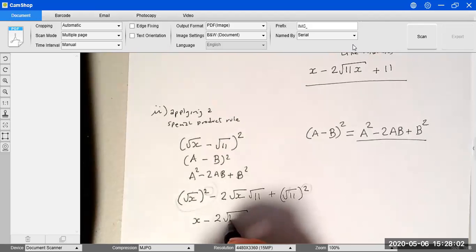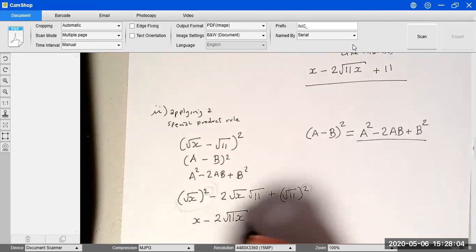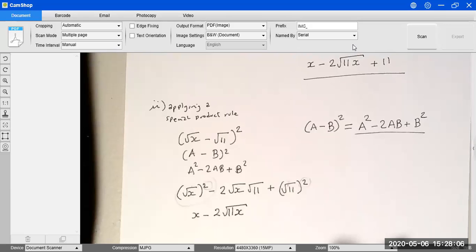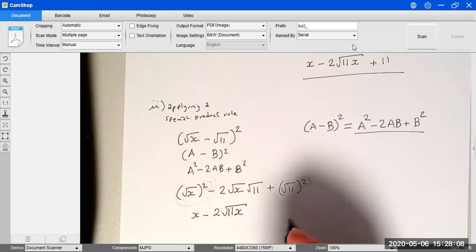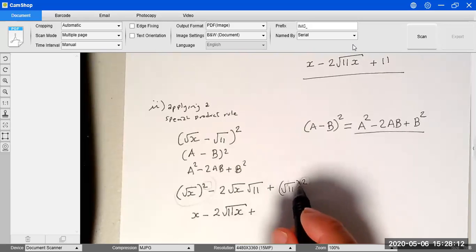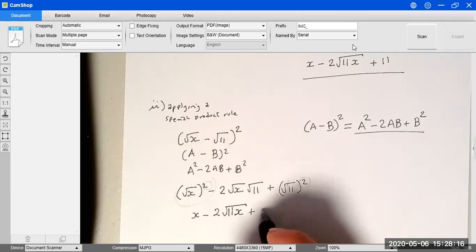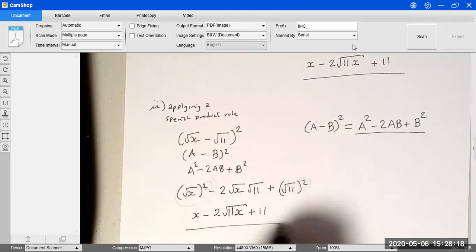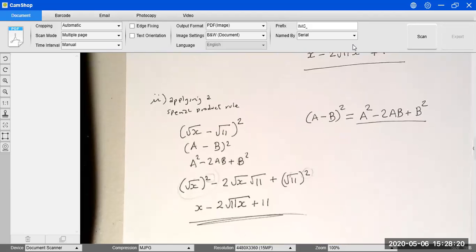We need to write first the coefficient and then the variable, and finally you have plus, and you're just going to write what was left from the last simplification, which is just 11. So that's the final answer. So that's problem 78 solved by two different ways.